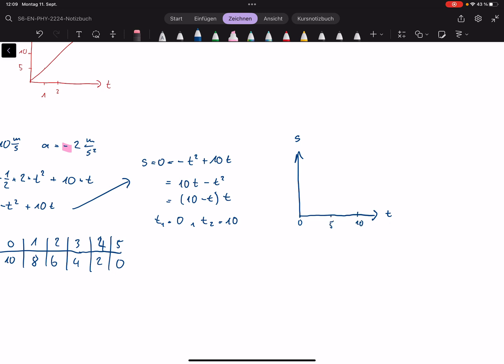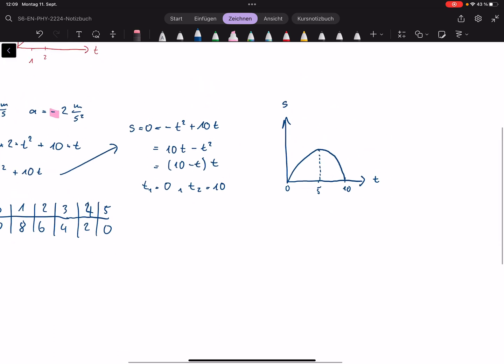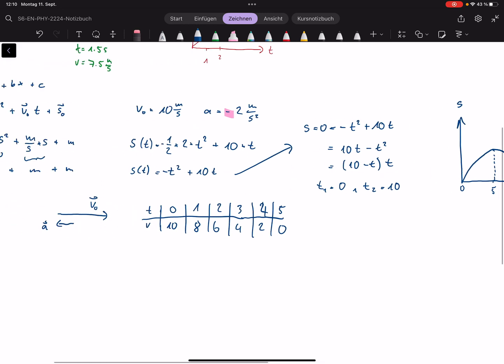So in the middle is 5, and there we must have the highest point. Now this is a bit strange, but it is not the trajectory of an object, but it's an s-t diagram, and there is a big difference. We remember that the movement here is only one-dimensional.